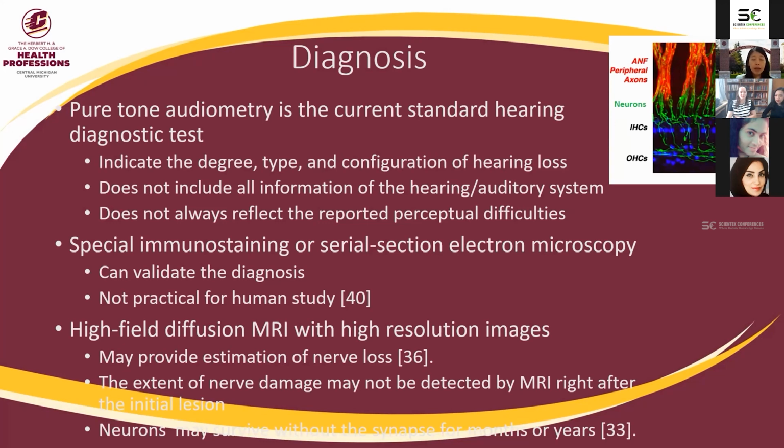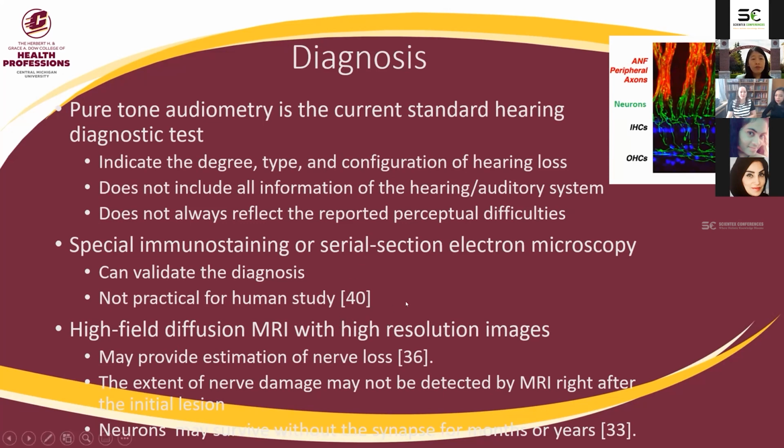How can we detect this disorder? Researchers use a special immunostaining or serial section electron microscopy to dye different cells. Take a look here. You can clearly see different neurons and count how many are lost to validate the diagnosis, but it's not practical for human study.